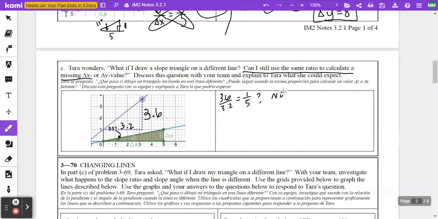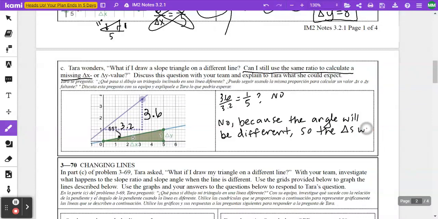No. So just by inspection, the answer is no, because the angle will be different. So the triangles won't be similar, and the corresponding sides won't be proportional.